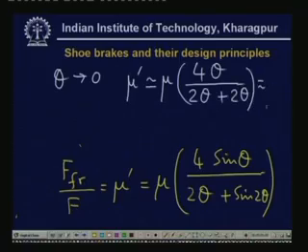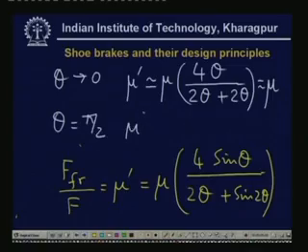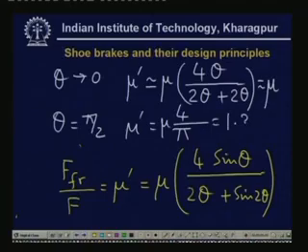So, therefore, it is equal to mu. So, for a very small angle mu prime is equal to mu, and at theta equal to pi by 2, mu prime is equal to 4 mu divided by 2 times pi by 2 plus 0, therefore divided by pi, which is roughly equal to 1.3 mu. So, if you increase theta from 0 to pi by 2, this factor increases from 1 to 1.3.